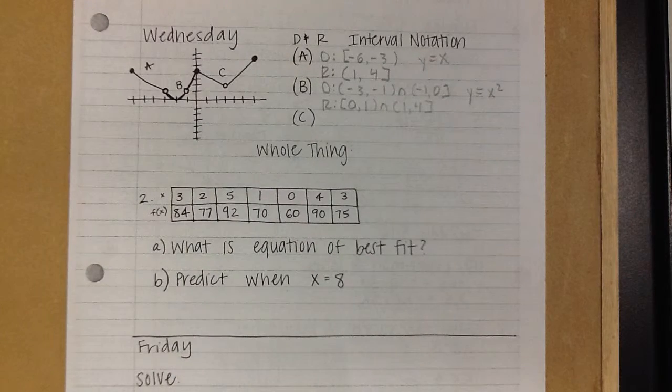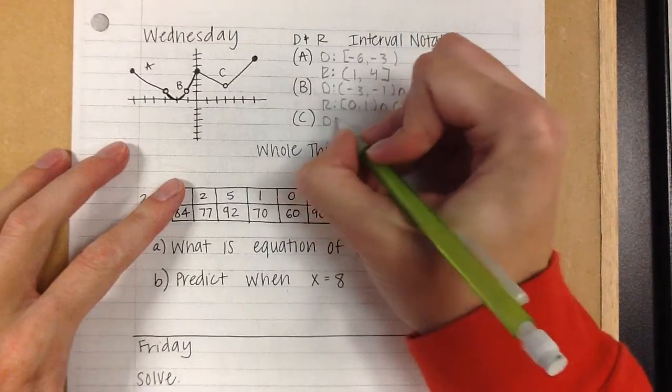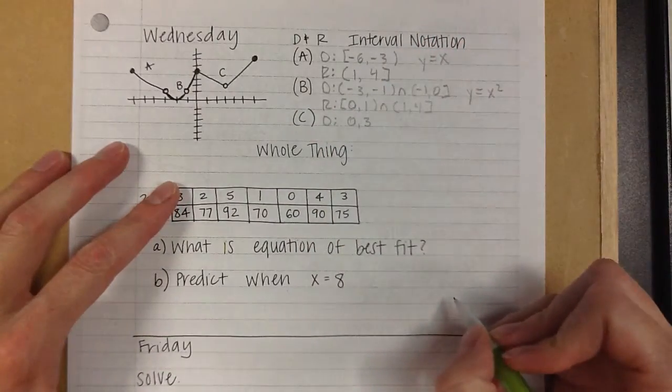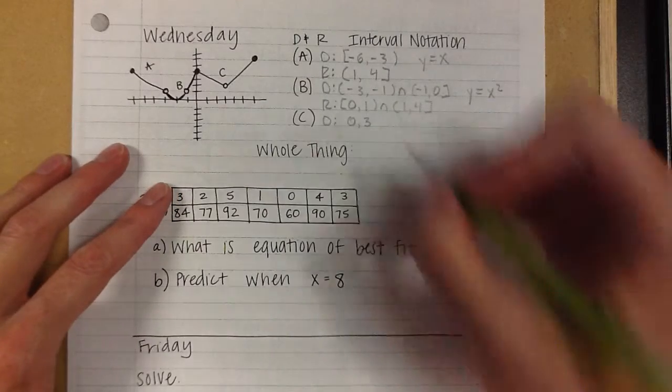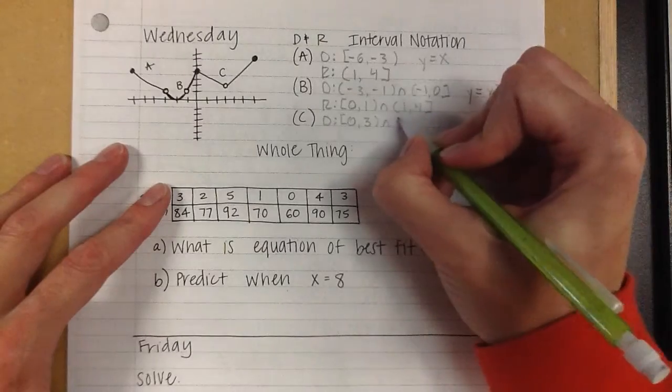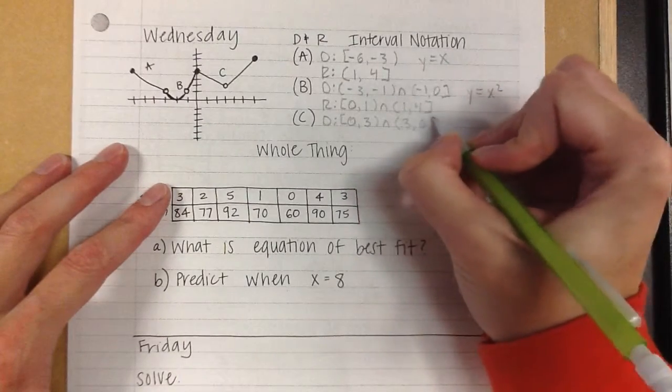What is the domain for part C? 0, 3. What goes around 0, 3? A bracket and a parenthesis. And then what? Okay.